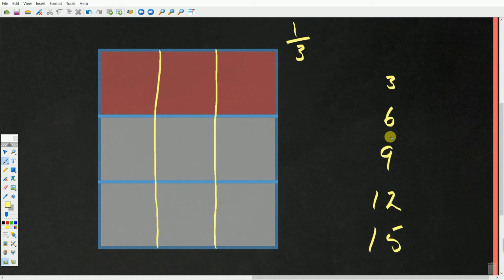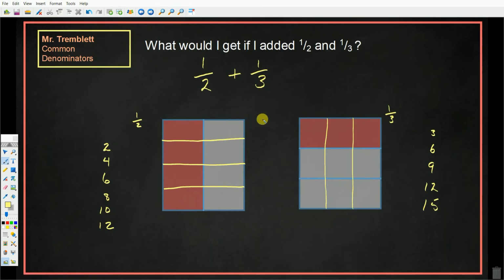And our options for our denominators, if you're starting with the denominator of 3, our only option when we're writing an equivalent fraction is to have a denominator that is a multiple of 3. So if we're aware that that's going to happen, our goal here, if we're going to add these fractions together, is that we need to get the pieces to be the same size.